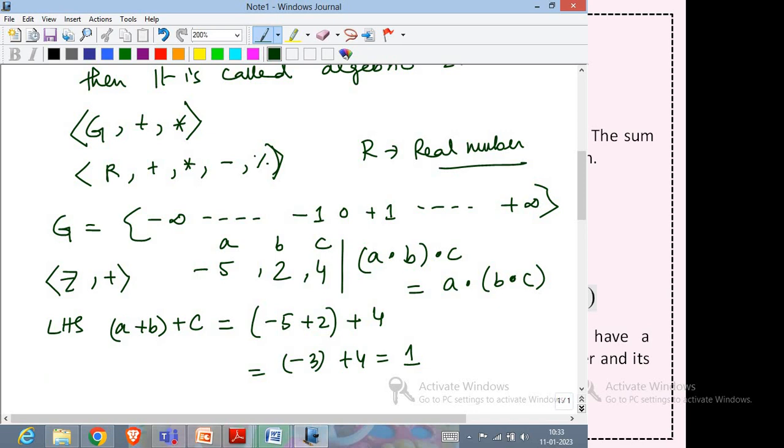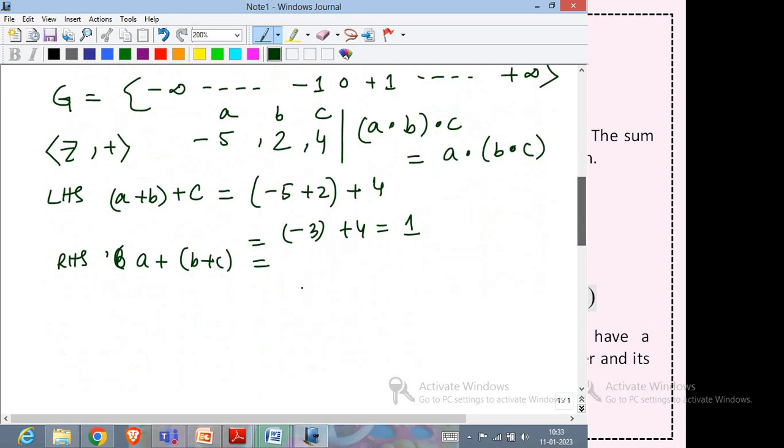Now you take the RHS, again the same way. So it will be represented as, in our case, A plus B plus C. So A is given by minus 5 plus 2 plus 4. So minus 5 plus 6, which is equal to 1.